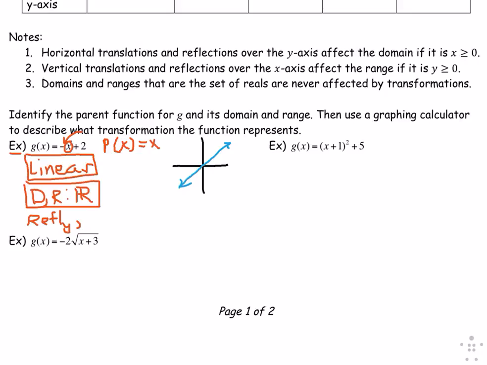Make that in red. So like this point at 1, 1 will go down to 1, negative 1, and vice versa on the other side.